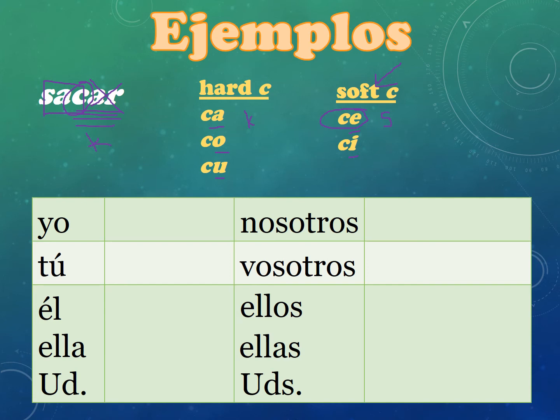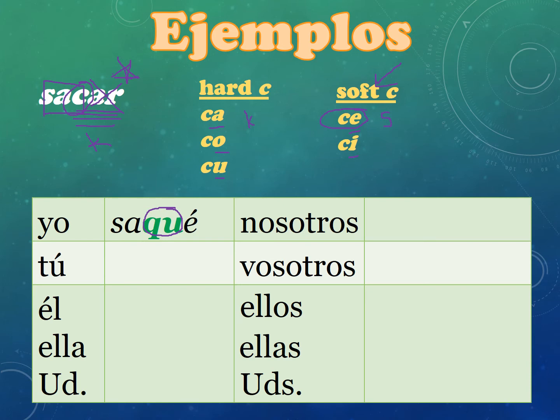So what we're going to do is change the C to make it a hard sound. And the way you do that is you change the C to QU. And that makes us pronounce this sake. Whereas if we were to leave it a C, it would be sase, which does not sound at all like the verb sacar, which is what we want.